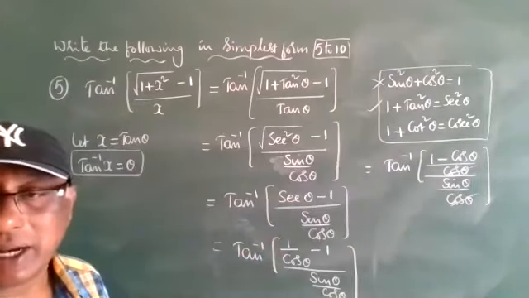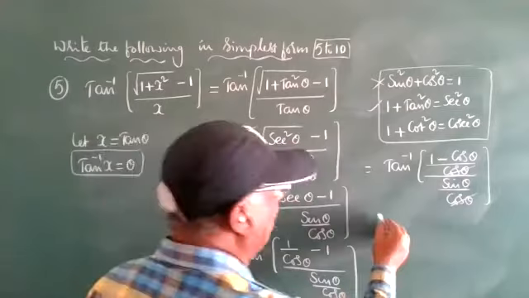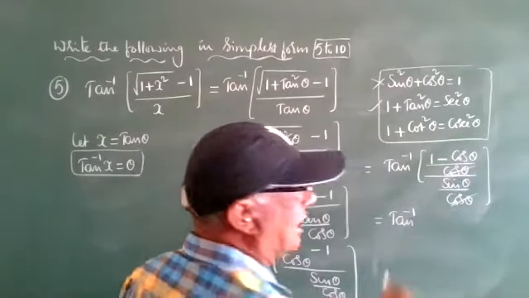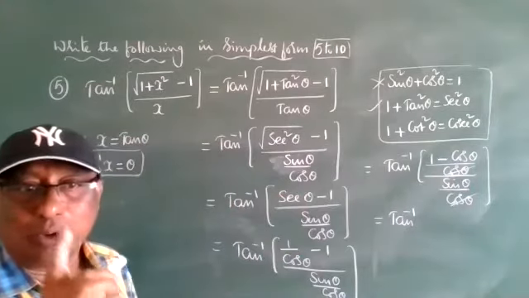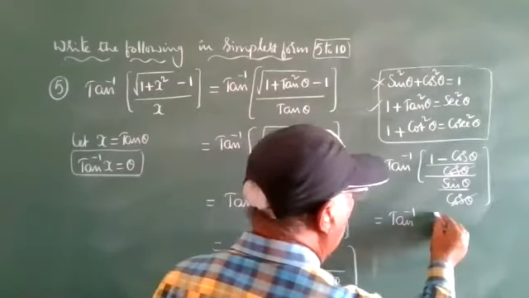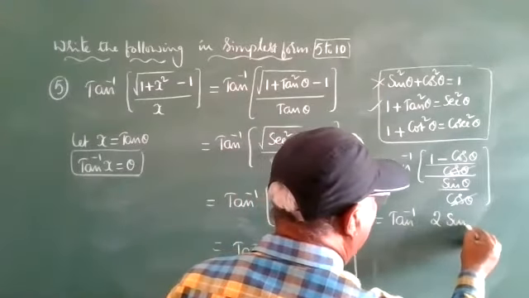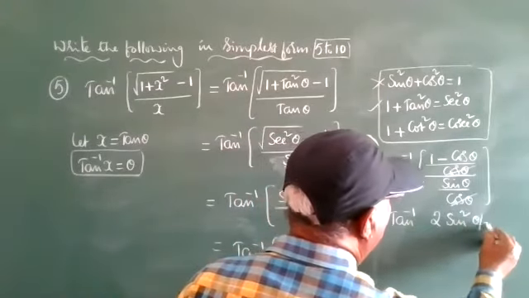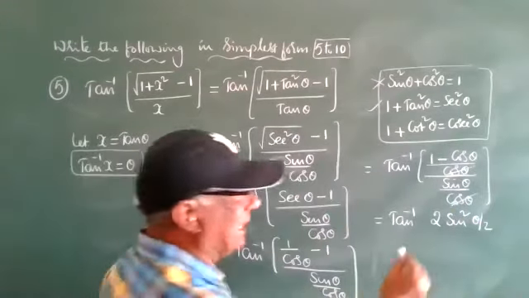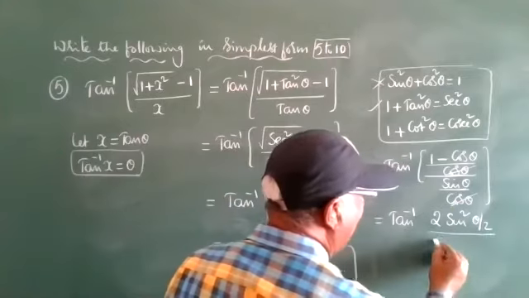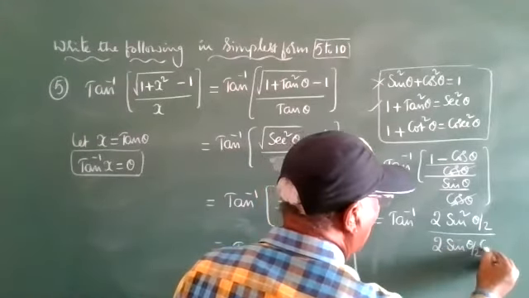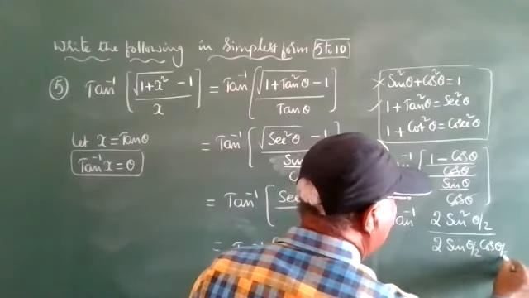What is remaining? Tan inverse of 1 minus cos theta upon sin theta. Already we know the formulas. Half angle formula: 1 minus cos theta is 2 sin square theta by 2. For sin theta, the half angle formula is 2 sin theta by 2 into cos theta by 2.